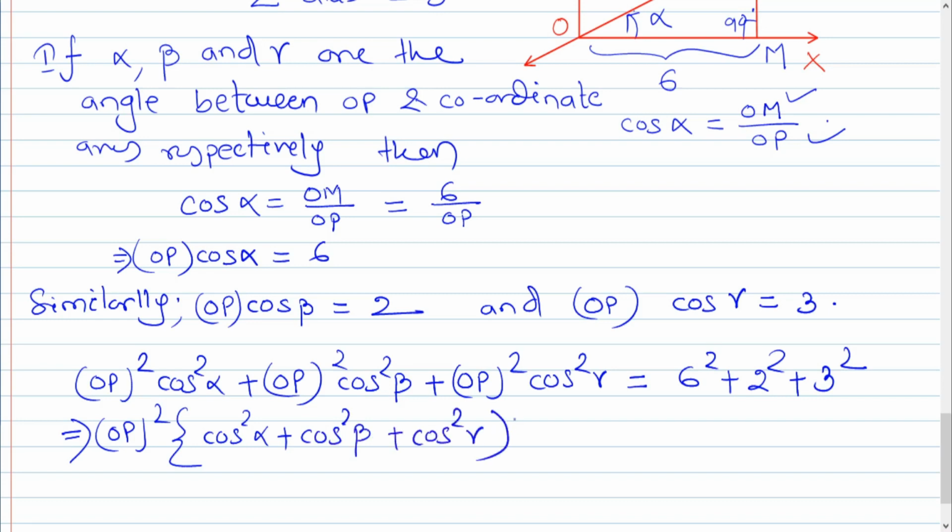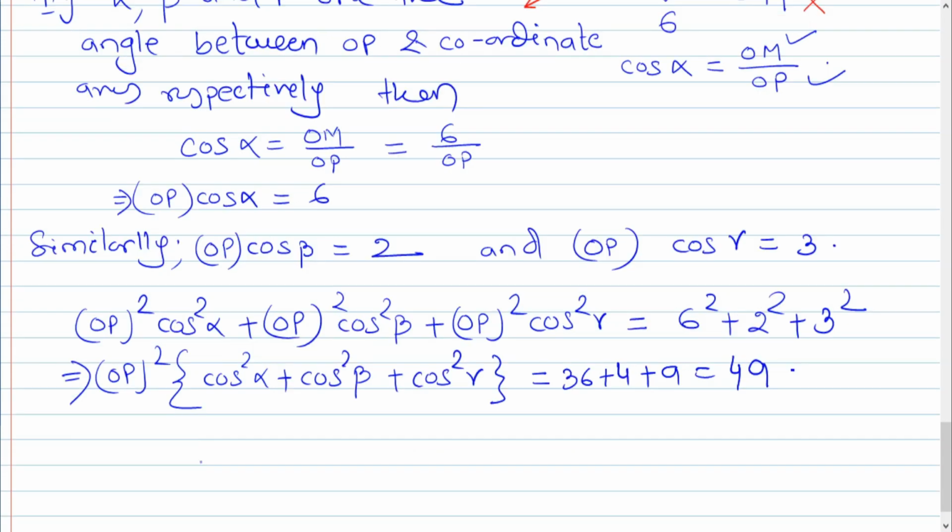This is 36 plus 4 plus 9 which is equal to 49. And all of you know that L square plus M square plus N square is equal to 1, since cos alpha is L, cos beta is M, and cos gamma is N. So from this we conclude that OP square is equal to 49.